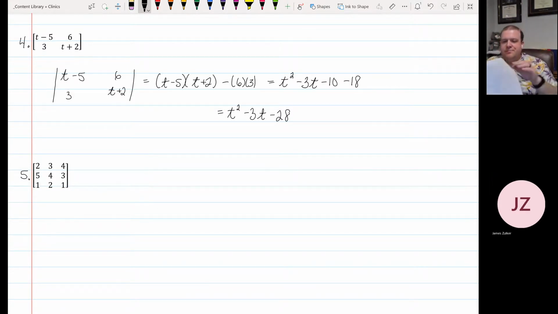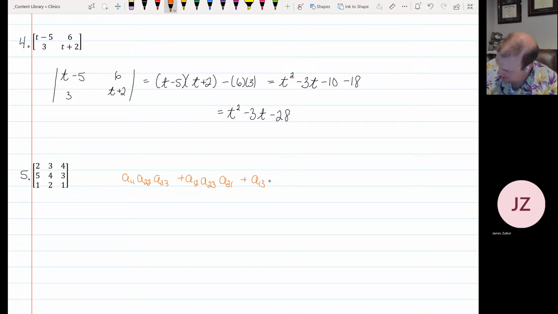Now we look at 3 by 3. The definition for the determinant of a 3 by 3 is going to boil down to this: A11 times A22 times A33 plus A12 times A23 times A31 plus A13 times A21 times A32.